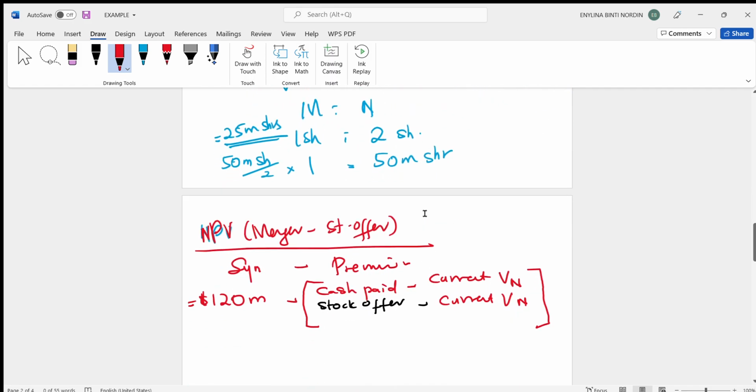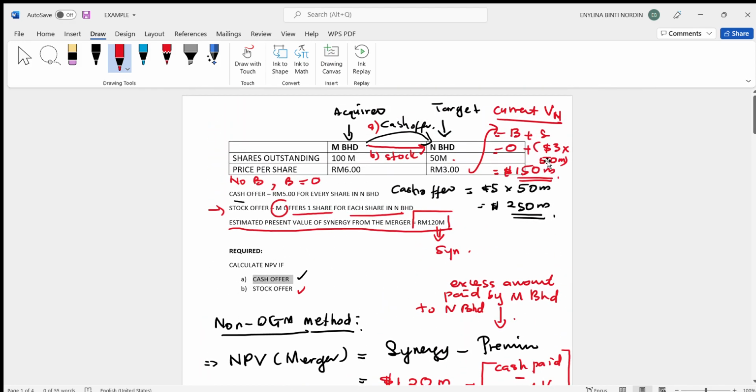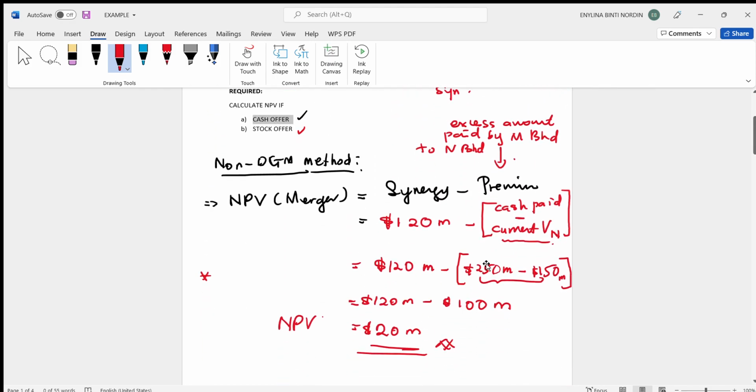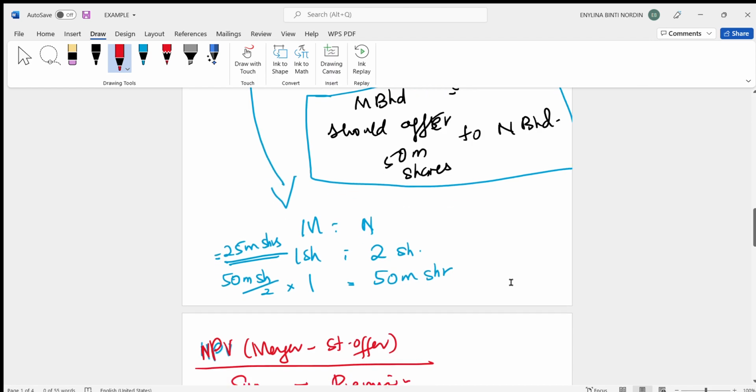So we put 50 million shares and minus the current value of N. The current value of N we already calculated is 150 million, from this calculation, the same as what we did for the cash offer. It's still the same.